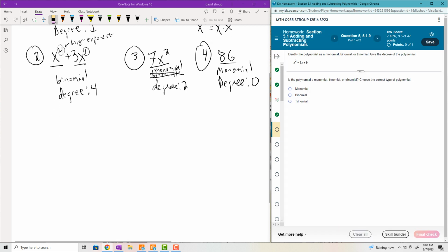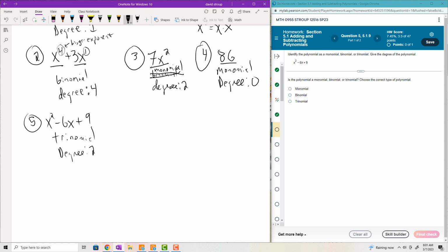All right, so number 5, there's 3 things there. X squared, then minus the 6x, and then plus 9, so it's a trinomial. And then the degree is 2. The highest exponent is 2. One thing to note about this trinomial is that the degrees of the particular terms are in descending order.